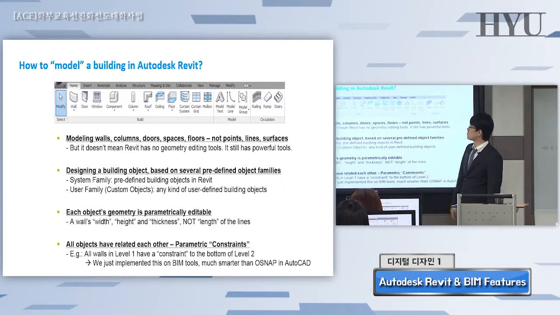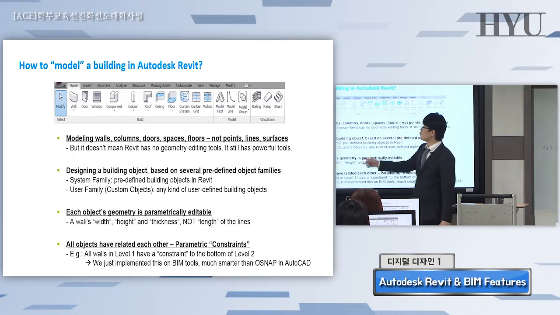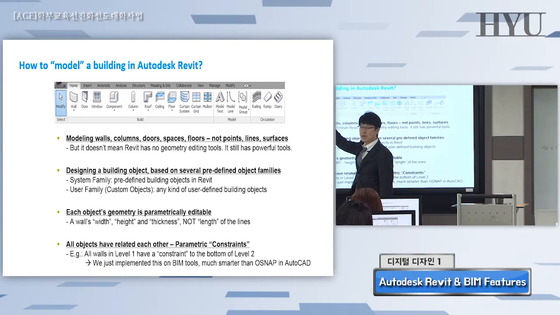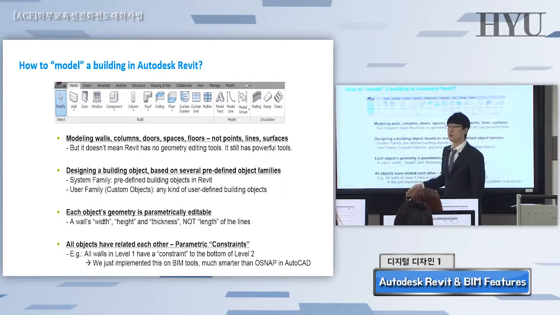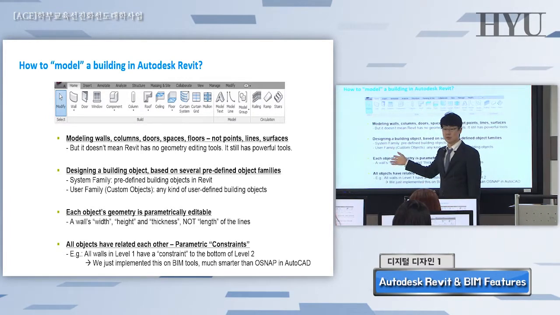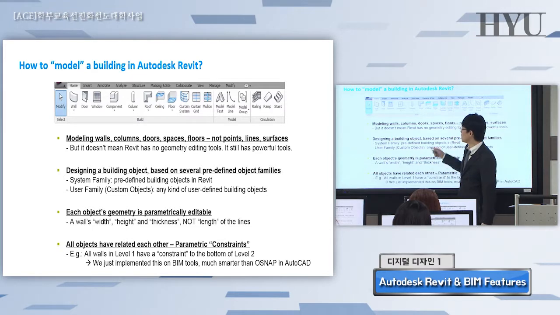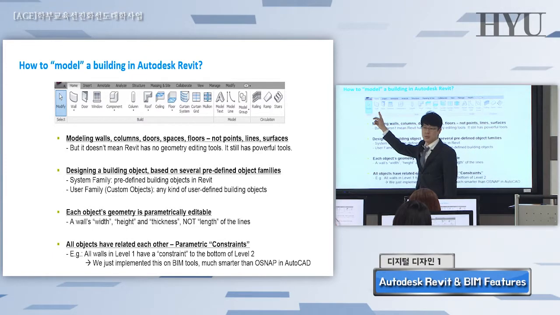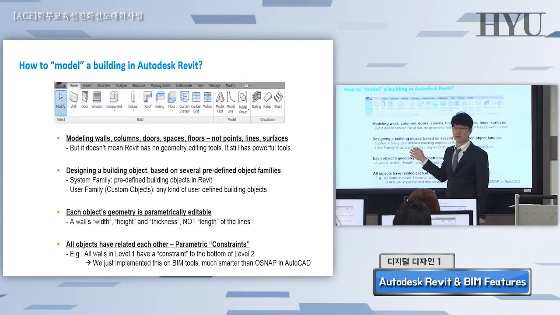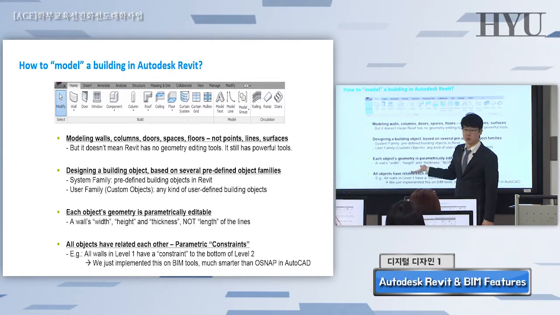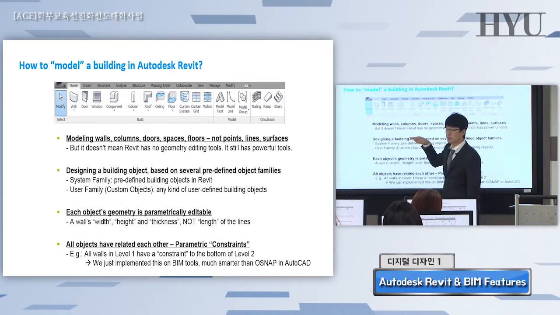Object library. What if you want to make a very specialized wall object? You have to define your own wall object. But thankfully, there are a number of wall libraries. Most of the wall library is pre-installed in Revit, hundreds of wall objects. And you can put in some different dimensions.